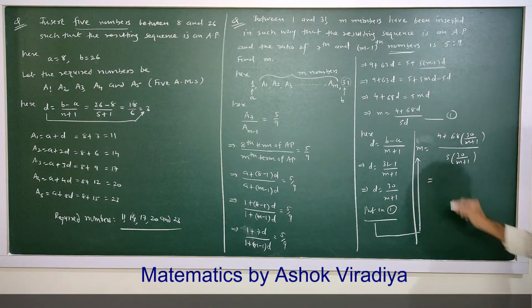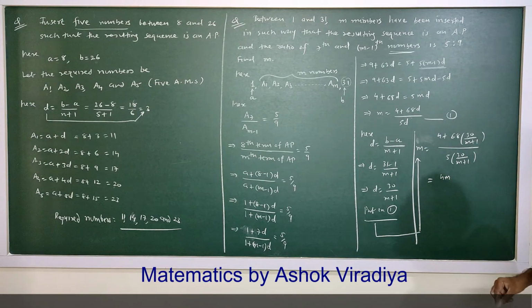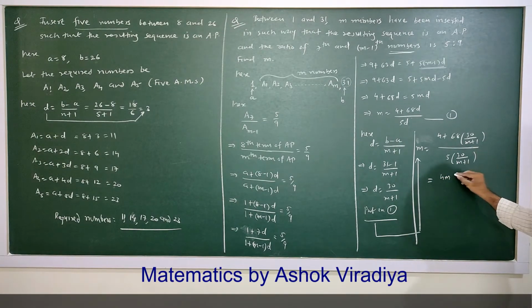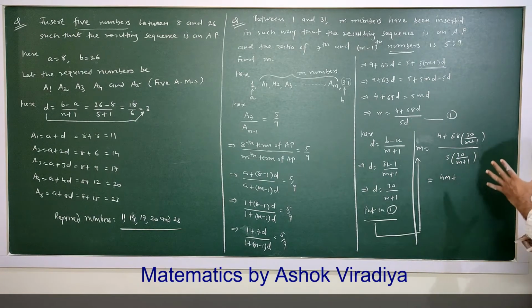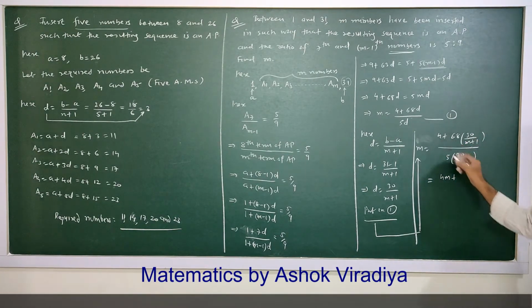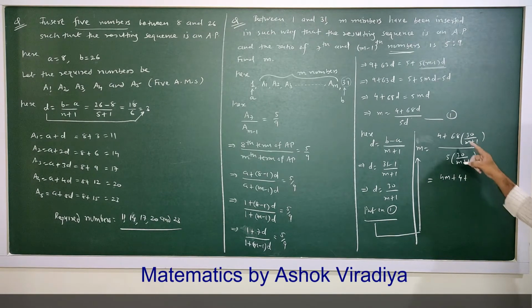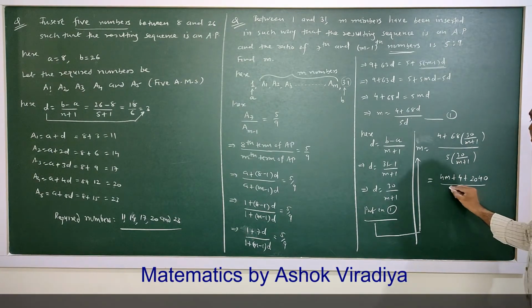So, M is equal to, taking M plus 1 as LCM, 4M plus 4 plus 68 into 30. So, 8 into 3 is 24, 2040 upon 150.